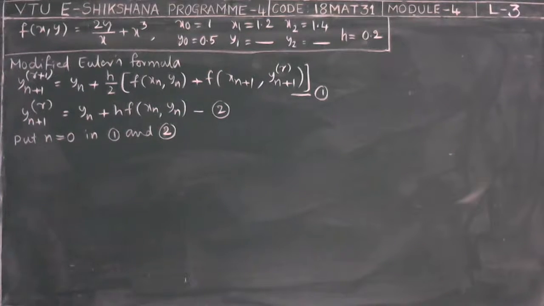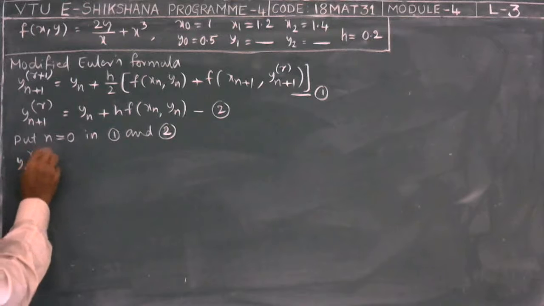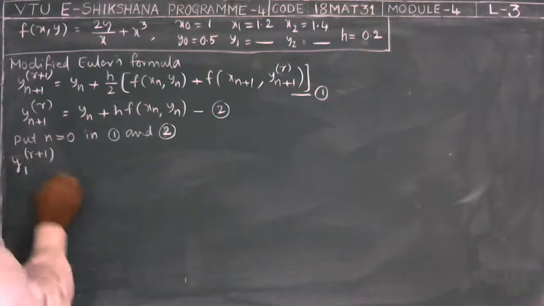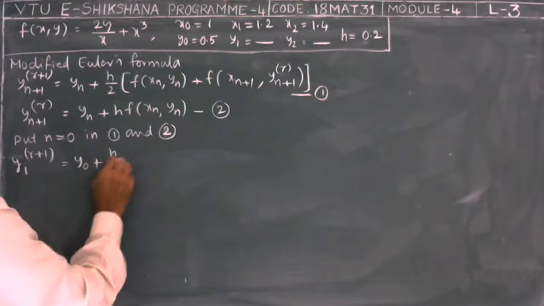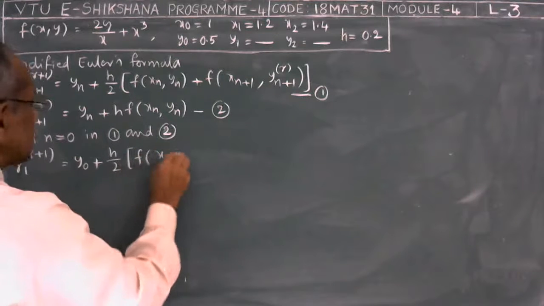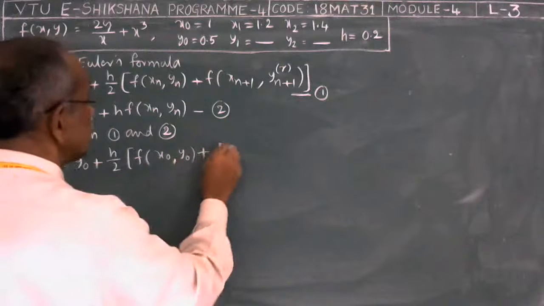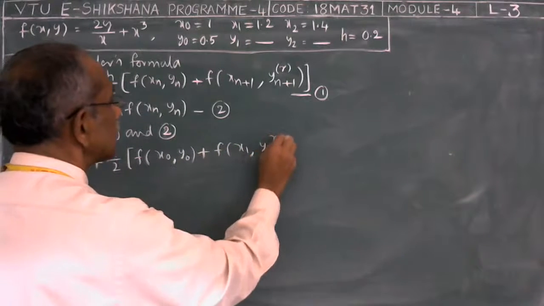Next, when n is 0, you get y1 r plus 1 is equal to y0 plus h divided by 2 into f of x0 comma y0 plus f of x1 comma y1 r.